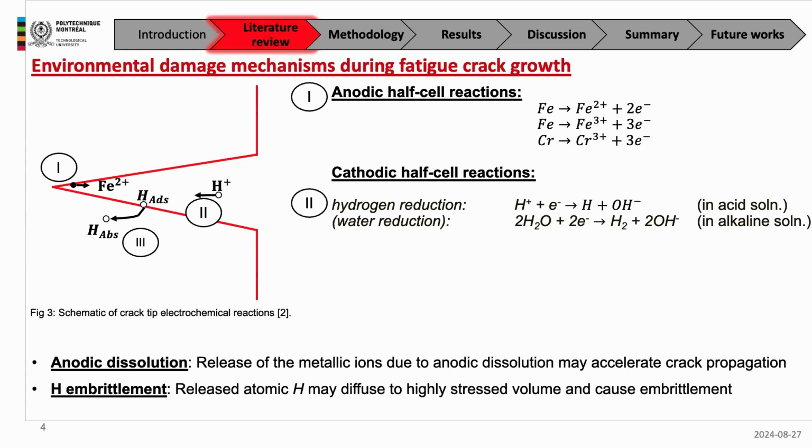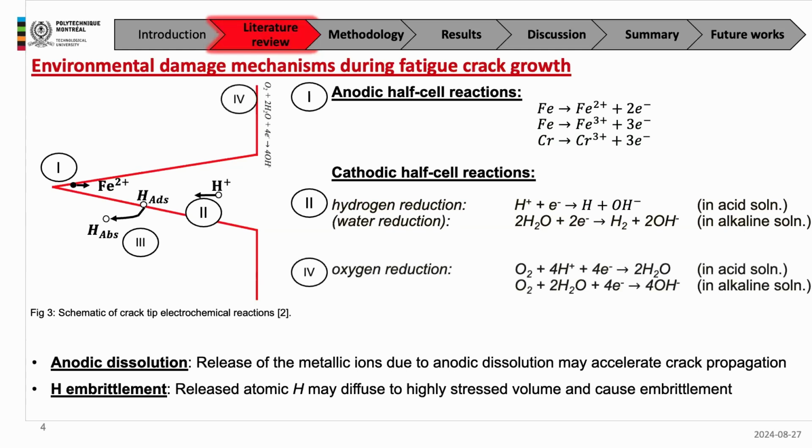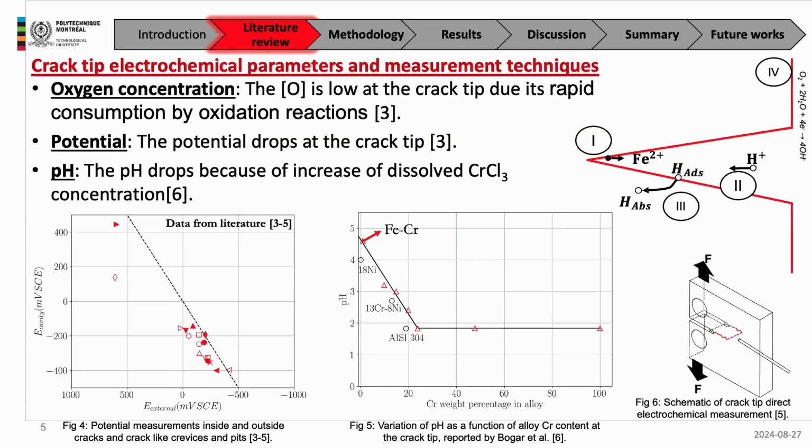Apart from this, there is another half-cell reaction, the oxygen reduction reaction, which happens outside the crack mouth. At the exterior part of the crack we have a lot of oxygen, and it can carry on this half-cell reaction there. As I said, at the root of the crack we basically don't have any oxygen, it's all consumed.